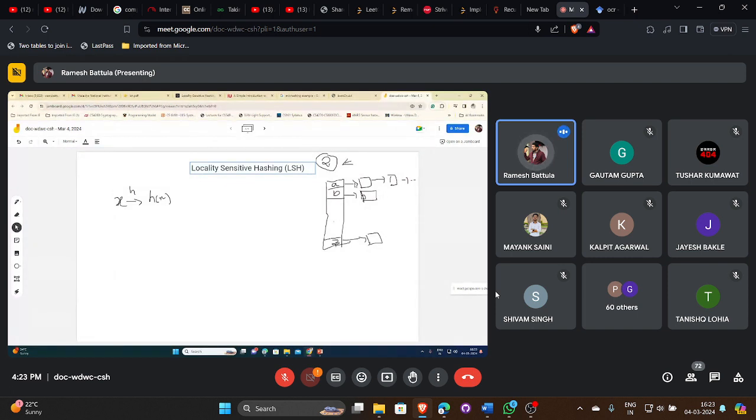So the complete procedure can produce false negatives. Once you have a false negative, it will not be a candidate pair. If it is a false positive, then you can use it and compute the candidate pair.